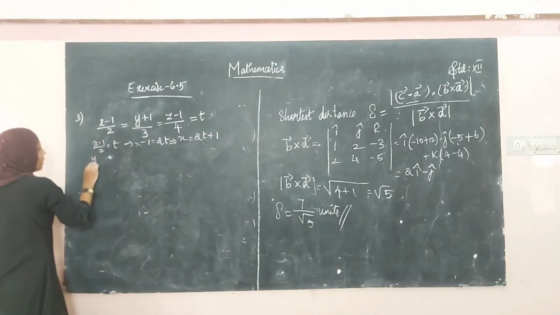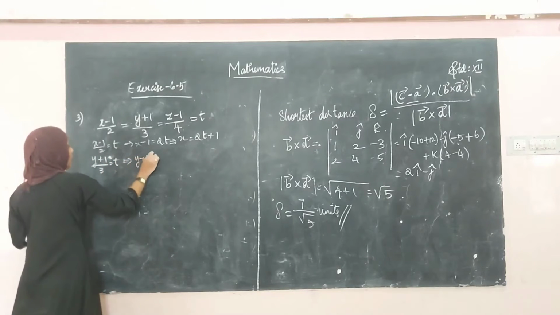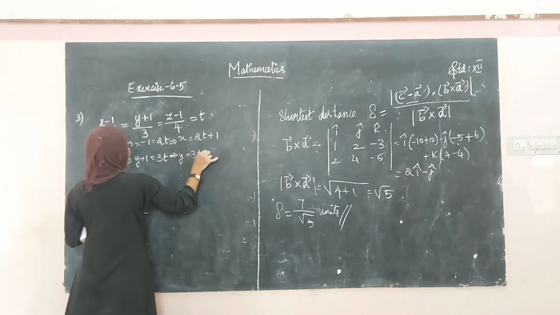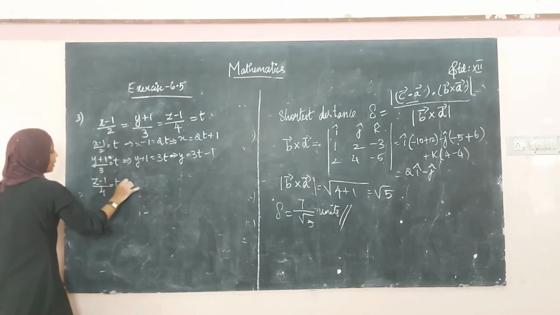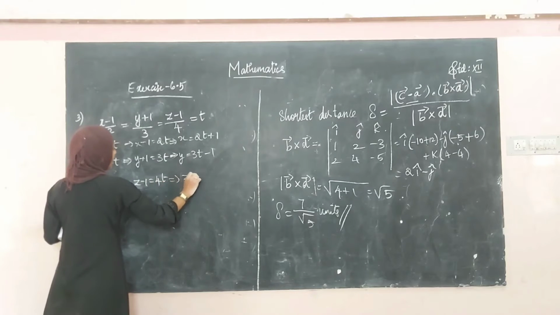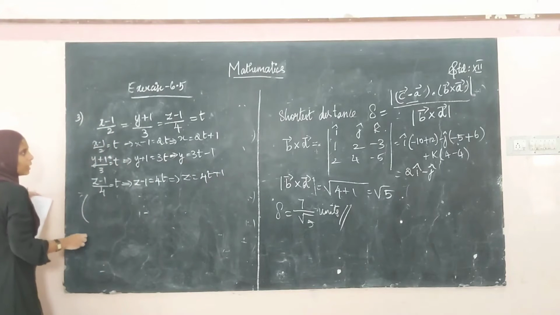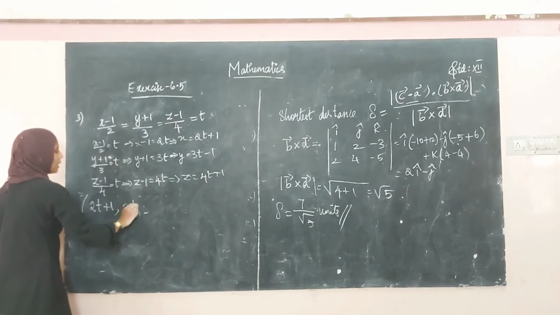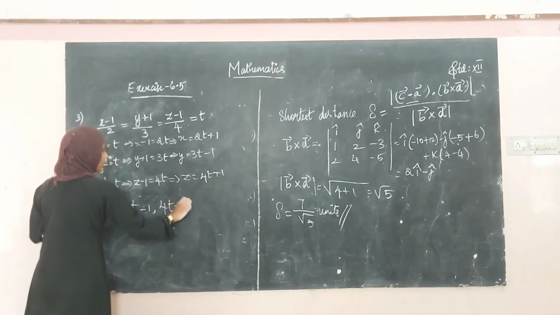Again, (y plus 1) divided by 3 equal to t means y plus 1 equal to 3t, so y equal to 3t minus 1. And (z minus 1) divided by 4 equal to t, so z minus 1 is equal to 4t, that is z is equal to 4t plus 1. So what are the points that we found out here? That is 2t plus 1, 3t minus 1, 4t plus 1.